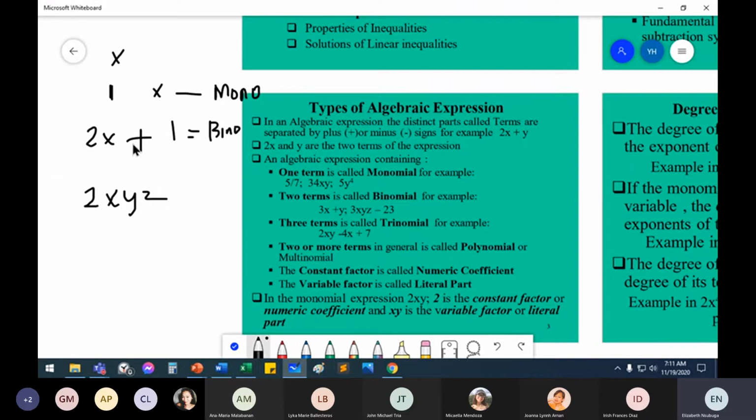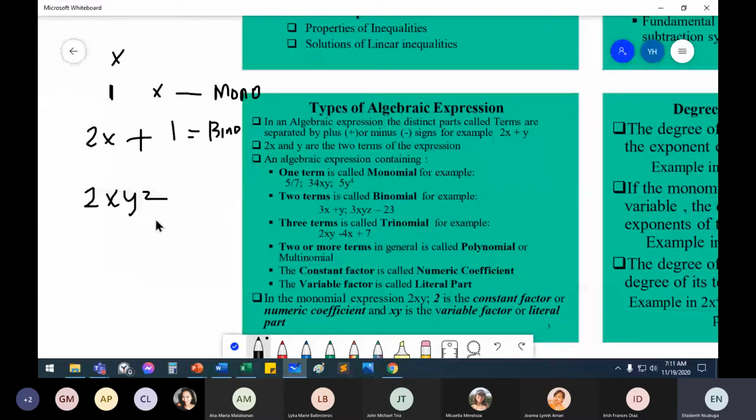If an expression doesn't have any fundamental operation of a plus or minus, then you can consider that as a monomial expression. So we don't consider multiplication and division, only addition and subtraction.